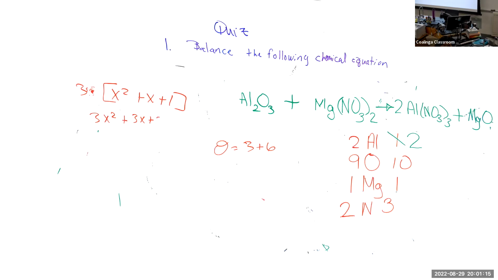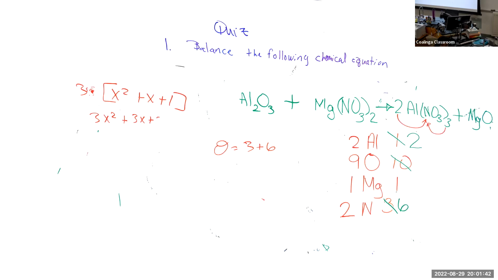So then we would have 2 here, and it's just 2 times 3. Okay. And then oxygens, you guys have arrows where you're multiplying 2, 3. 2 times 3, right?